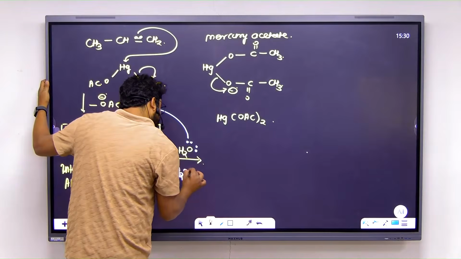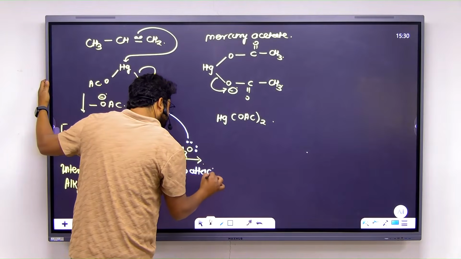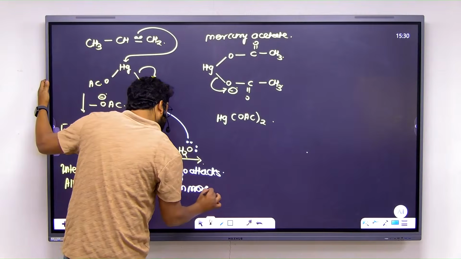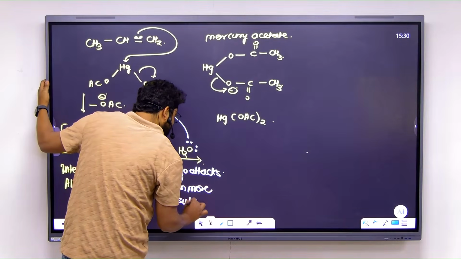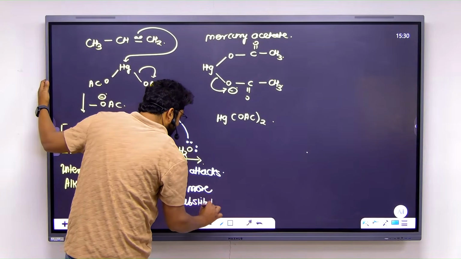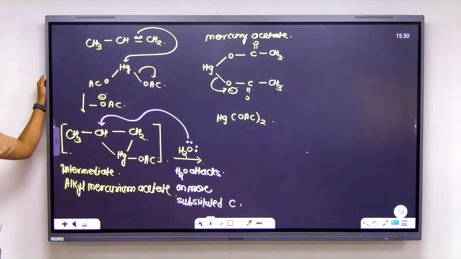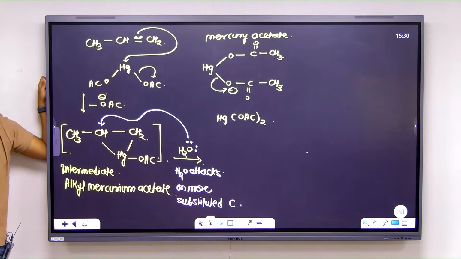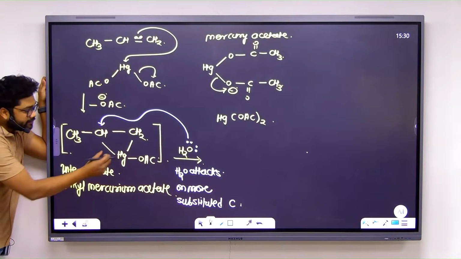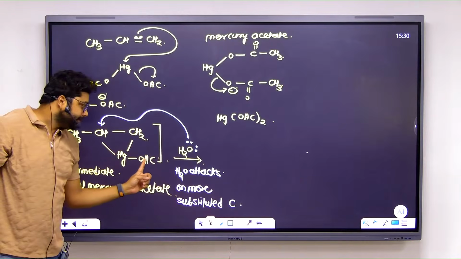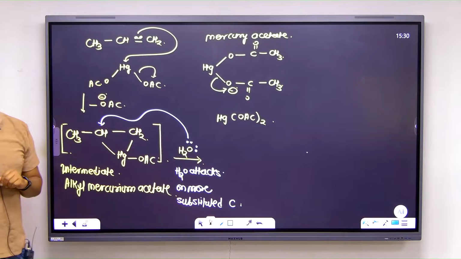Water attacks on more substituted carbon. Why? This is the secret of this reaction now. Why is water not attacking this CH2? Just because of this negative OAc, right?